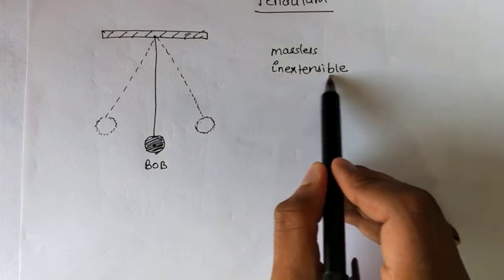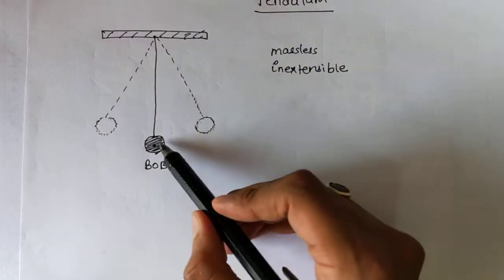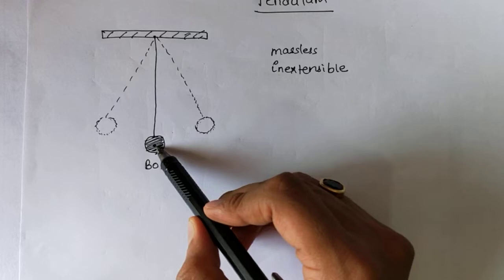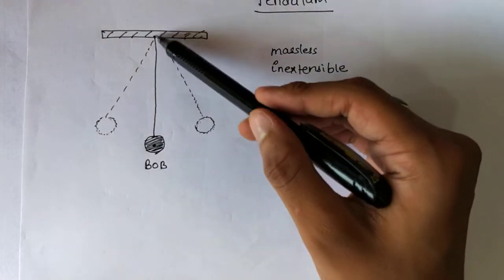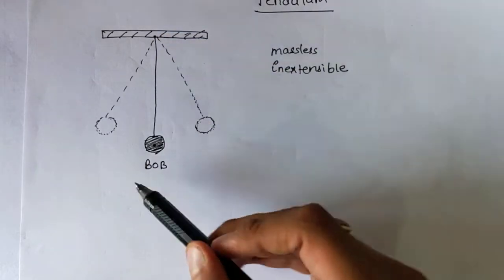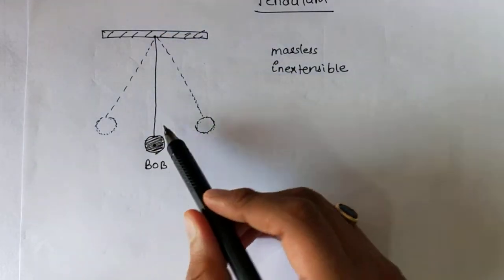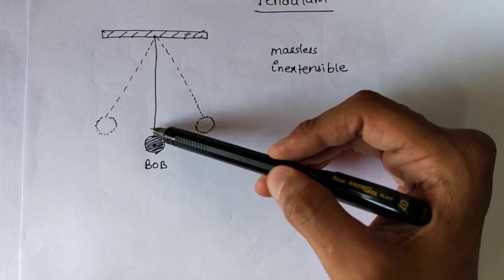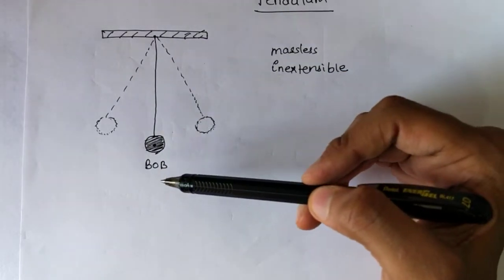Then it is inextensible. Inextensible means even if we tie this bob, the string is not elastic. The length of the string will not change depending upon the size of the bob. The length of the string will remain the same. It will not extend or contract.